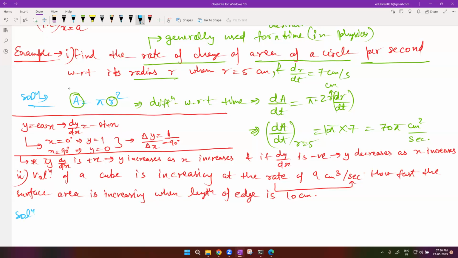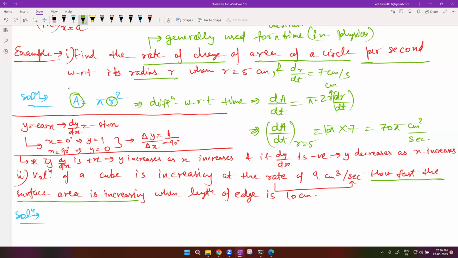What is given to us? What are the important things? What do we need to find out? So we need to find out this: how fast the surface area is increasing.